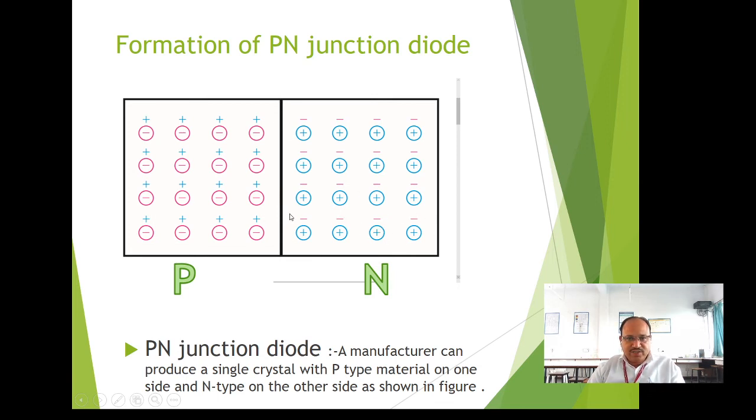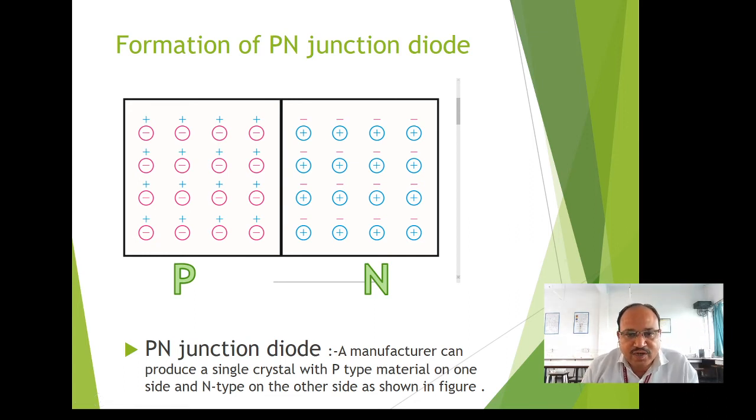That's why it is called a diode. Now whenever this junction is formed, because in N type there are many electrons, because of the mutual repulsion of these electrons, one electron will come near the junction, because electrons are free to wander. They can move here and there in this N type.